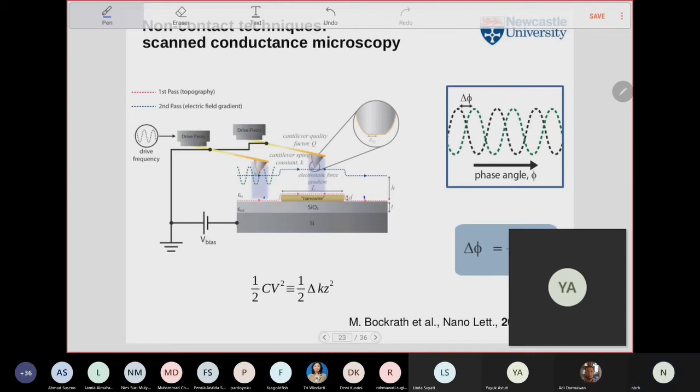And what happens is that energy is effectively added to the mechanical energy of the cantilever, and it shows up as a change in the force constant K, and this shows up as a change in the phase between the oscillation of the tip and the drive voltage, the phase phi, and that is what you actually image. And the changes to the capacitance between the tip and the sample show up as this phase.